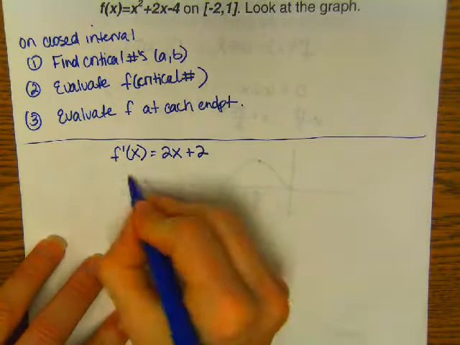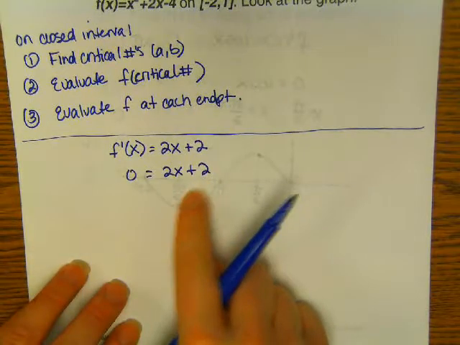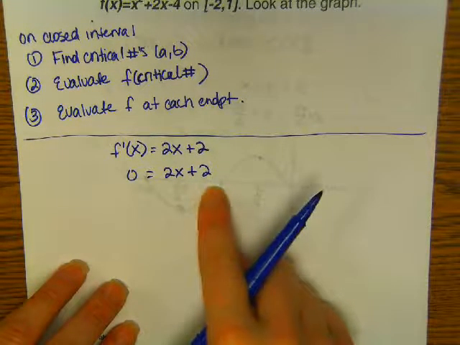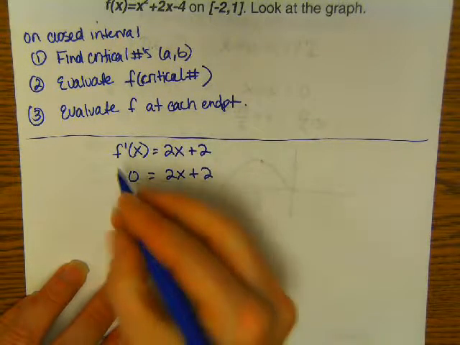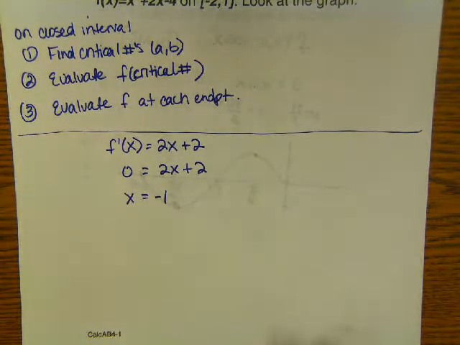If I move this around, or you can just obviously see it, the critical number here is at x equals -1. I think I did that right. 2x plus 2, right? All right. So, then I go through. x equals -1 is my critical number.